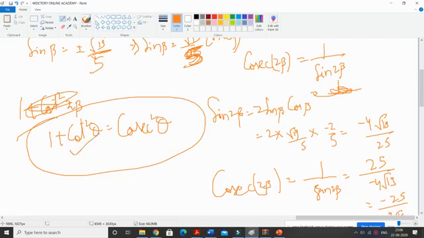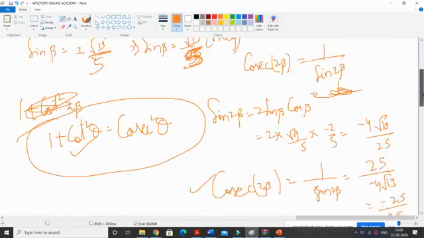I think that will be very lengthy. For that you need to find out cot 2 beta. That will be lengthy. So I think the earlier method is the simple method. You can do it by this method as well, but that will be very lengthy. Okay, so that's the end of these questions.